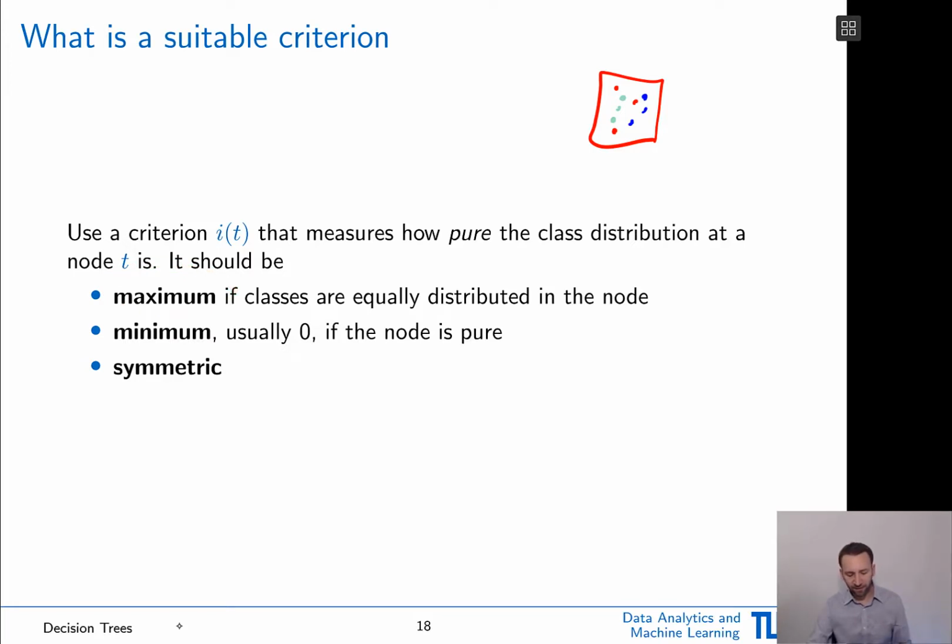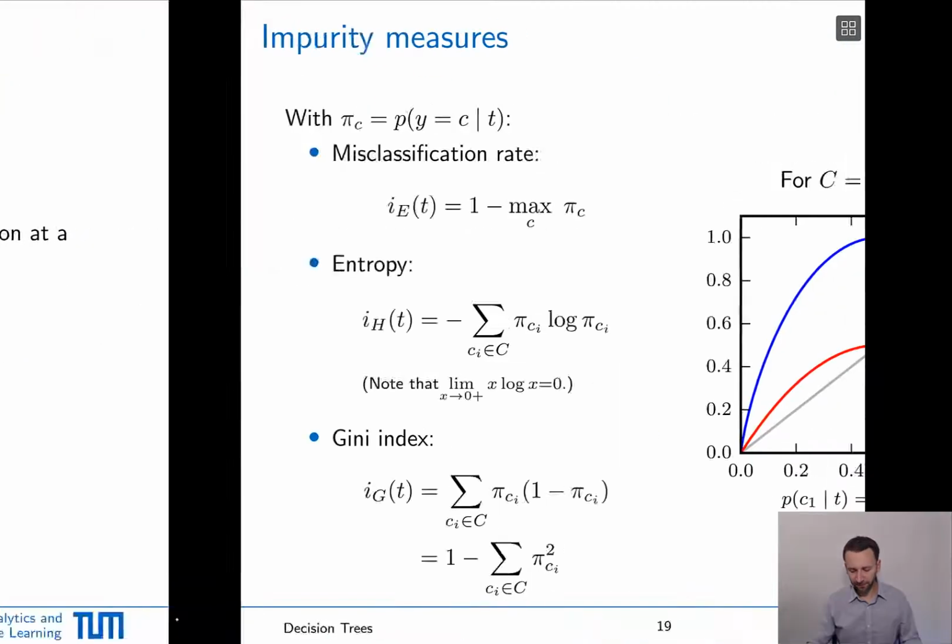The measure should be 0 if it's perfectly pure, so only red, and it should be a symmetric measure, meaning 3 blue and 20 red should be the same as 20 blue and 3 red, right? Because we don't want to distinguish between what labeling we have. We just care about the proportions, okay? So these are the criteria on this measure.